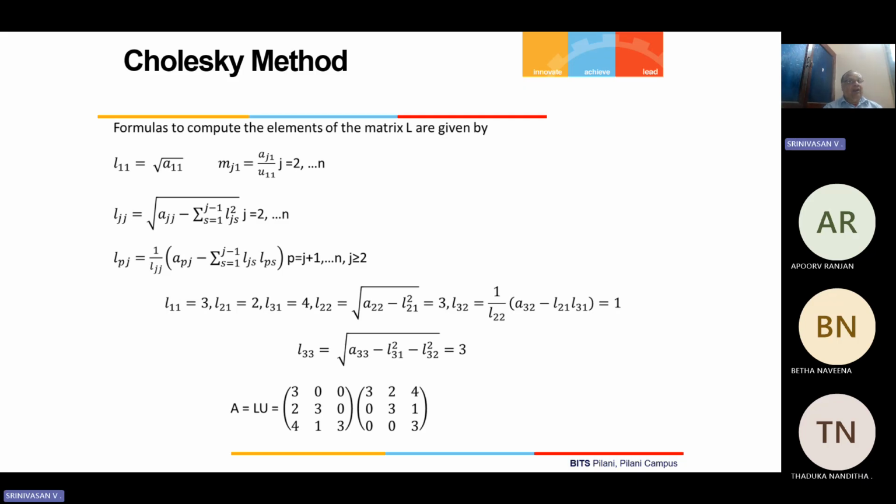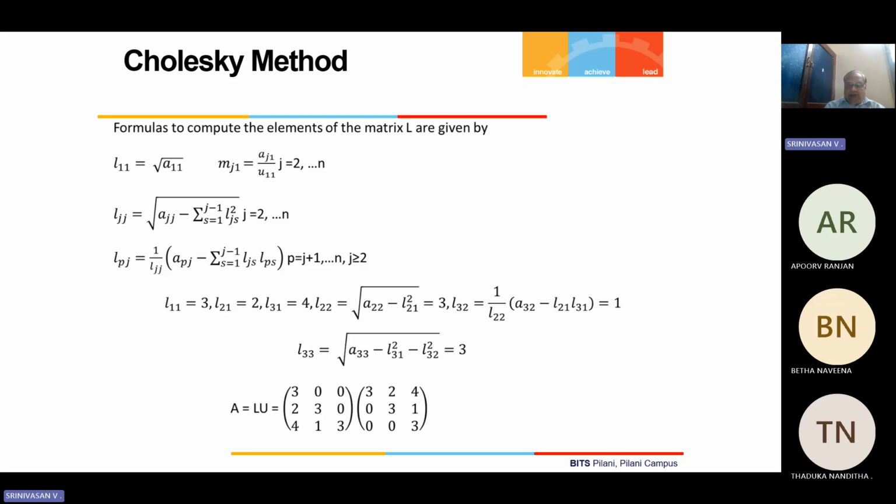Then, because it is a lower triangular matrix, L22 is 3. You know very well L23 will be 0, and of course L12, L13 will be 0 because of the definition of lower triangular matrix. And coming to the last two, L32 is 1 and L33 is 3. It's enough if you find only these 6 entries.